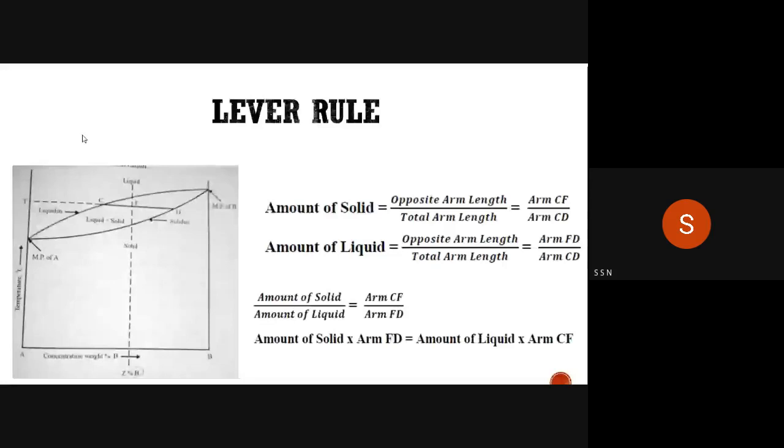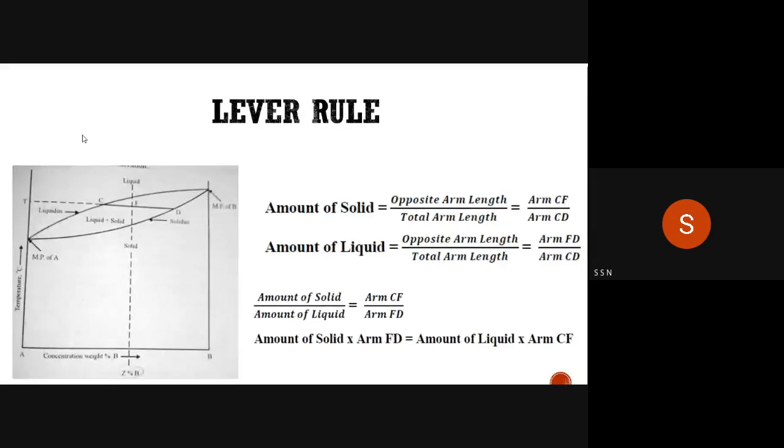What will be the amount of liquid? The amount of liquid is equal to the opposite arm length, that means arm FD, divided by the total arm length, that is arm CD.